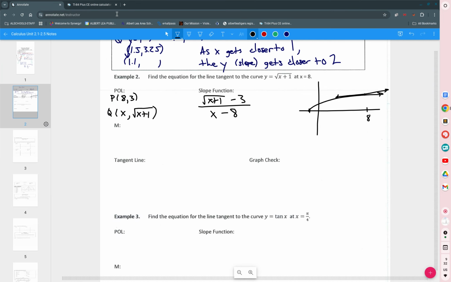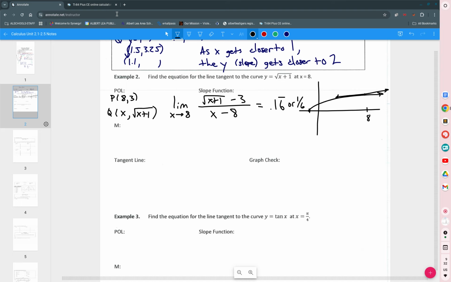So within this work right here, the limit as x approaches a value of 8 is equal to 0.16 repeating, or 1/6. Okay?